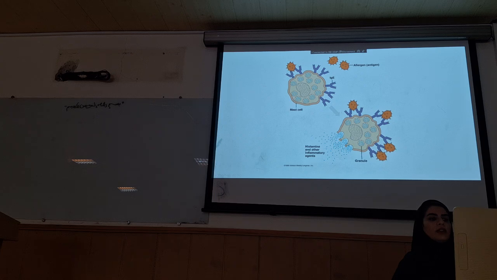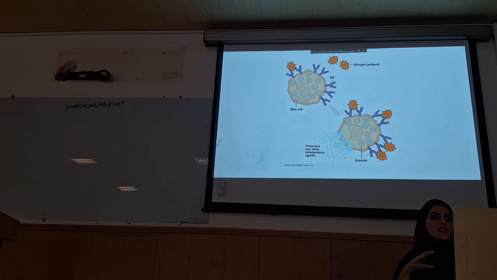These IgE antibodies attach to the surface of mast cells or basophils. Basophils have many granules, for example histamine, the major granule in the mast cells. In the second exposure, the allergen attaches to the IgE antibody on the surface of mast cells, and mast cells degranulate. The granules of the mast cells are released, for example histamine.